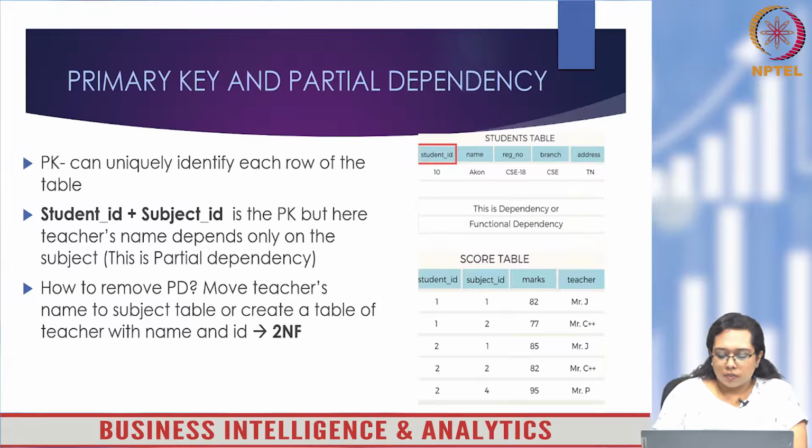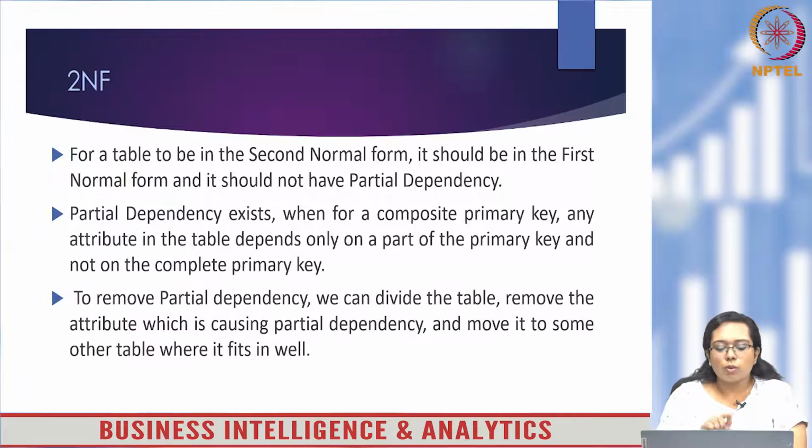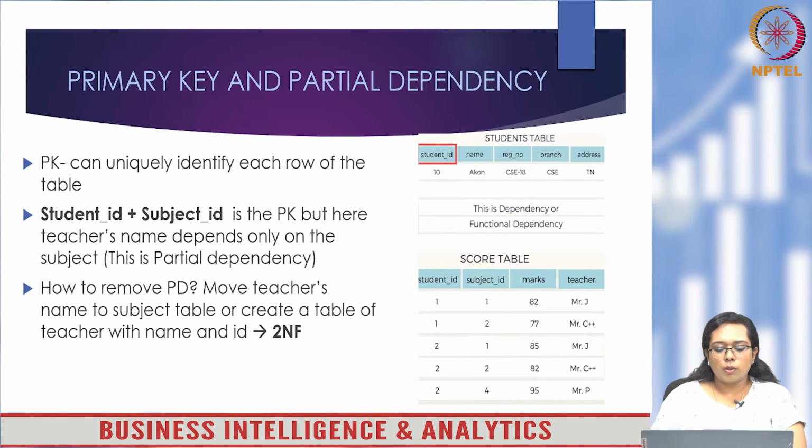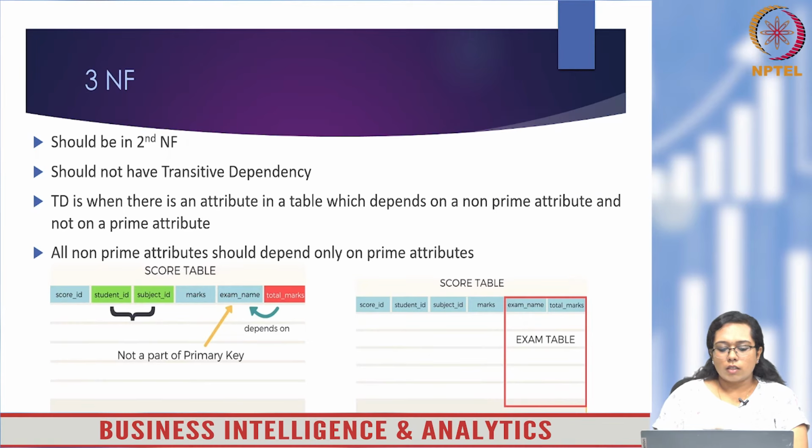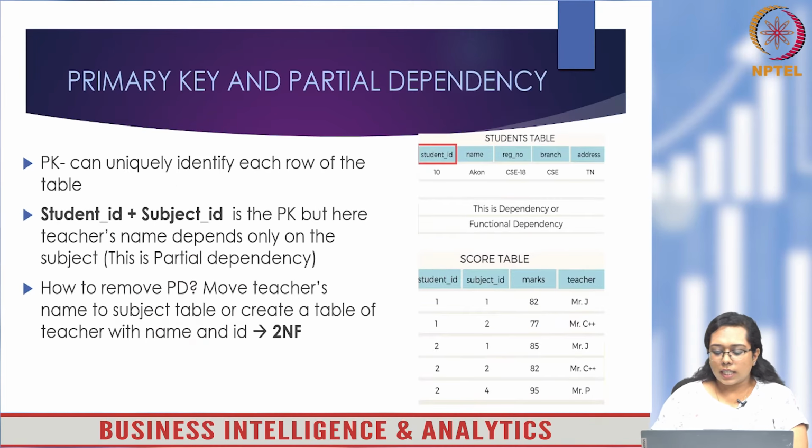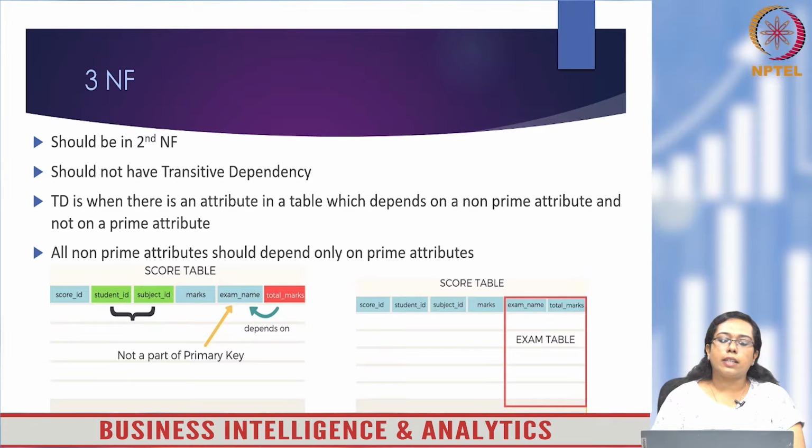So, to remove the partial dependency, we can divide the table, remove the attribute which is causing the partial dependency and move it to some other table where it is fitting well. So, that is the case of partial dependency and 2NF. Now, we will move on to 3NF.